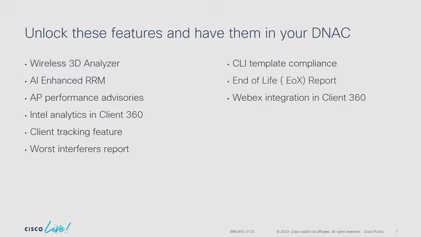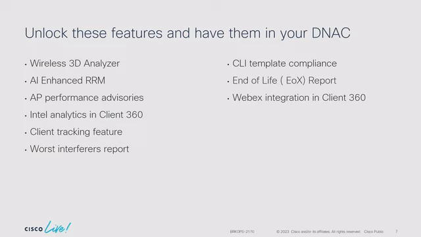So, unlocking these features and many, many more. I'll just give you some examples: wireless 3D analyzer, AI-enhanced RRM, Wi-Fi 6E readiness. All of these were introduced in the recent DNA Center releases. Let me tell you something. DNA Center is one of those products that gets updated very frequently. By the way, do you think there is a difference between 2.1 and 2.2?